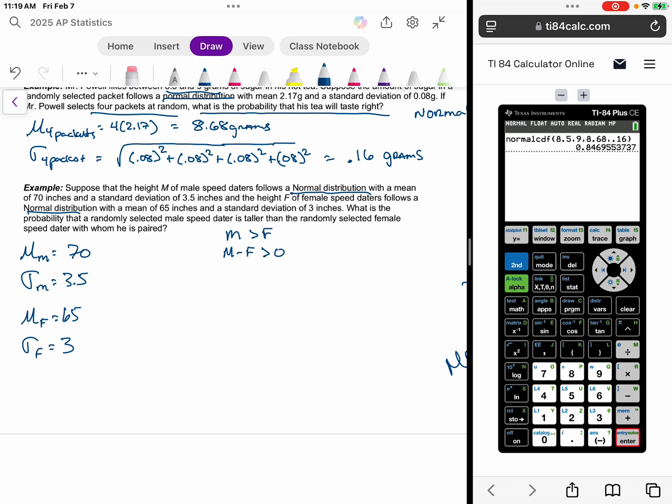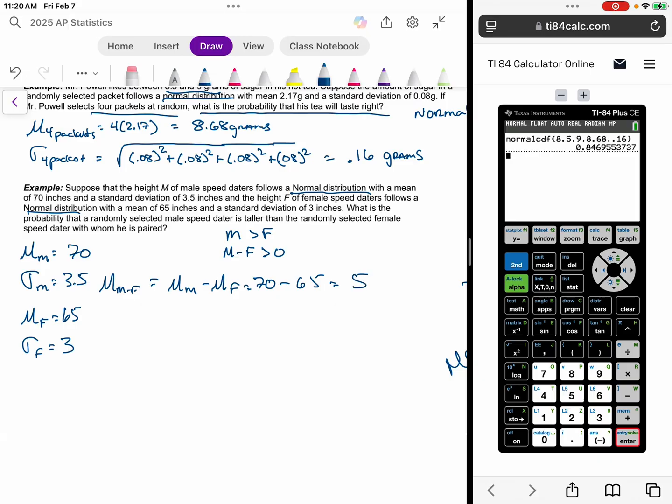So we're subtracting the females from the males as we look at our operations. That allows us to know how we need to do our means. The whole reason I did that was so we can figure out our mean. We need to take the mean of the males minus the mean of the females, mean of M minus F. That gives us 70 minus 65, which is 5.